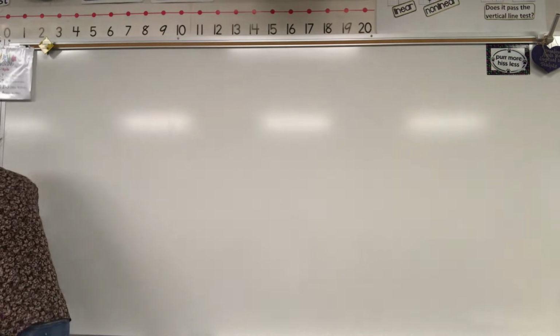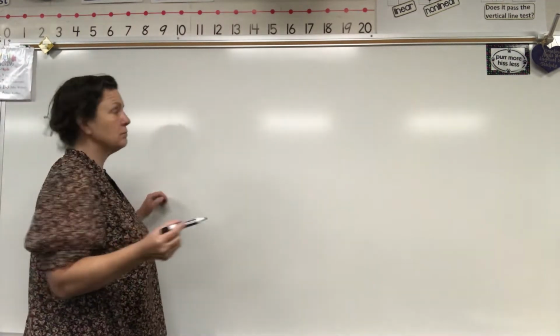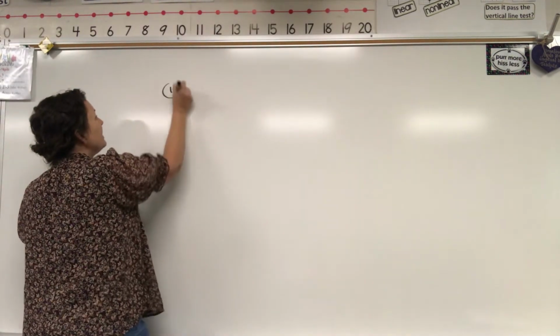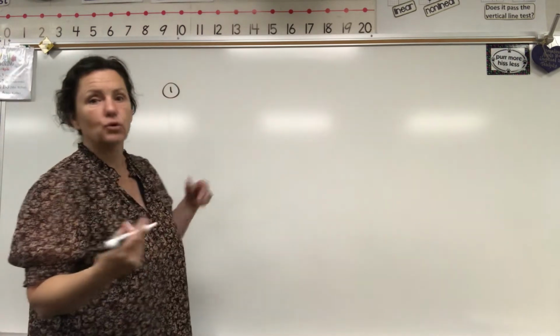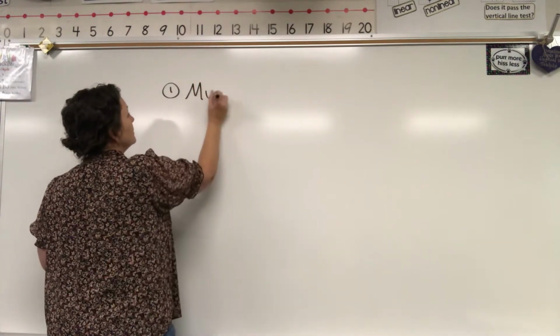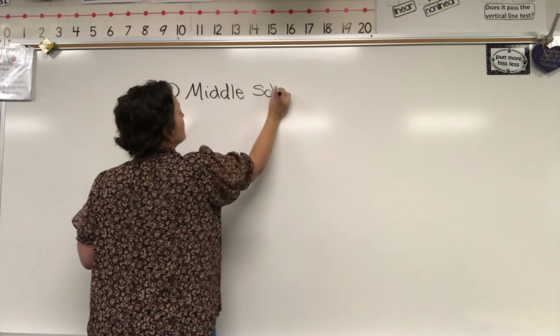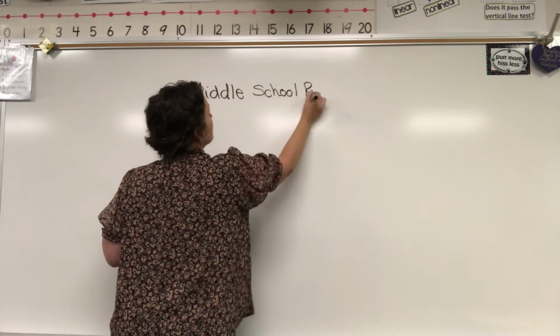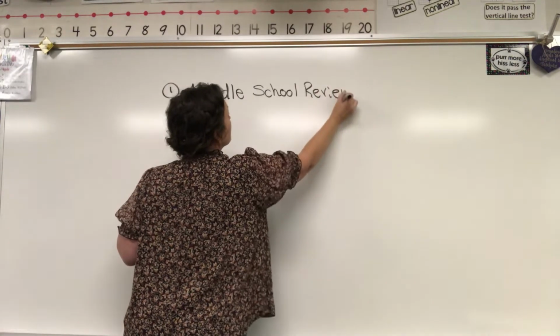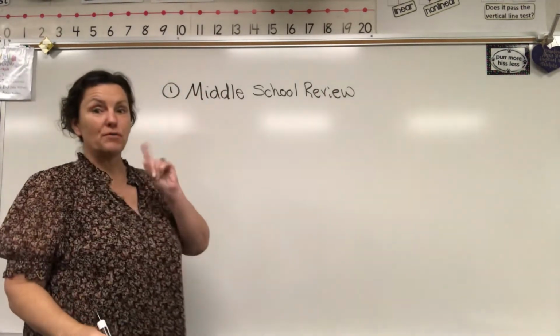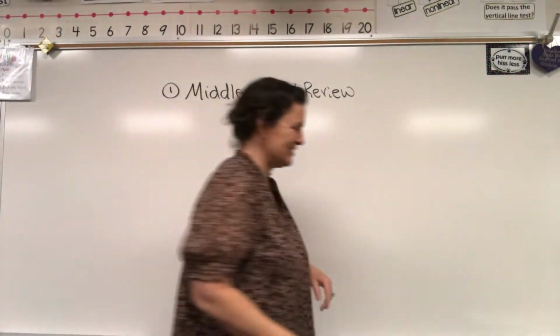Okay, so right now we're just in box 1, and we're going to entitle it Middle School Review. And again, do not move on to another box until I ask you to do so.